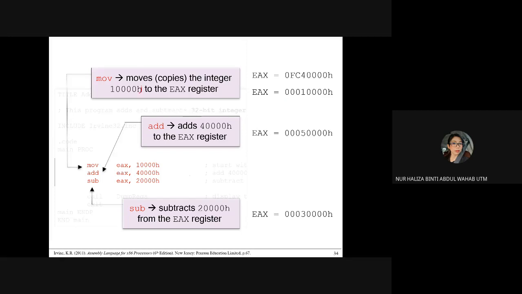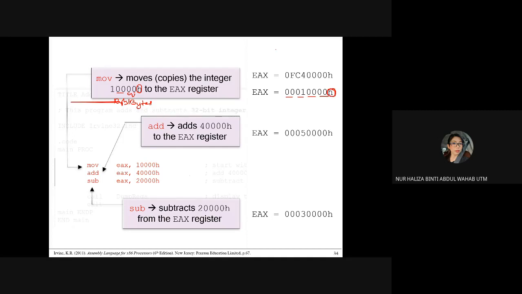For hexadecimal, I repeat again, these 2 digits equal 1 byte. Byte, not bits. Another 2 digits is another 1 byte. So this is 1 byte, 1 byte, 1 byte, 1 byte.